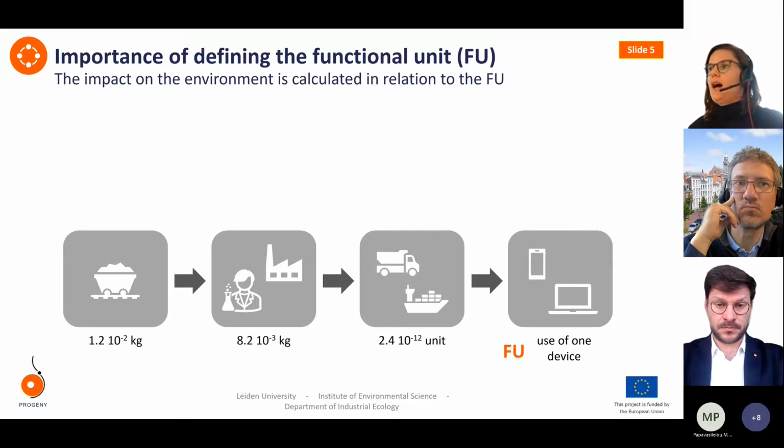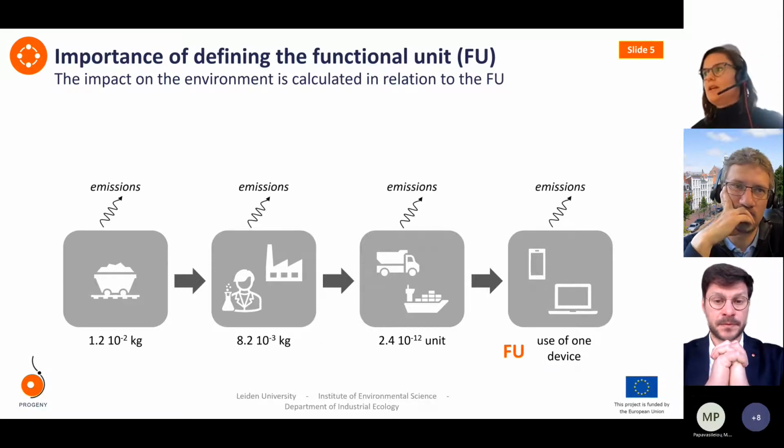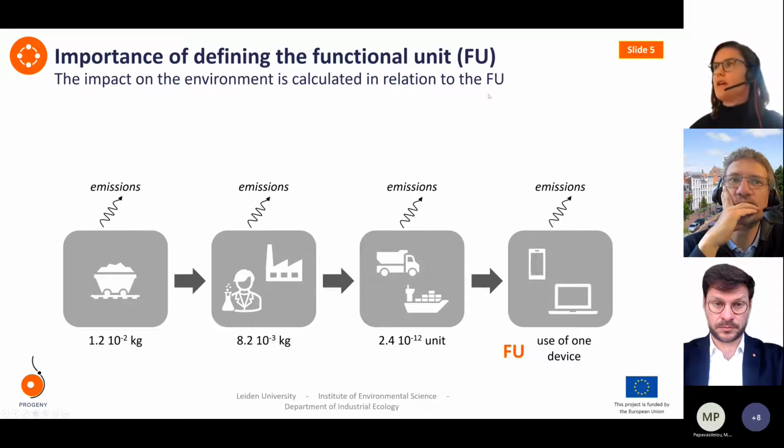So all the unit processes which we define in the inventory phase, we look at how much they contribute to the functional unit, because from all these unit processes we can see what the environmental impact of our device is. So defining the functional unit is very important.